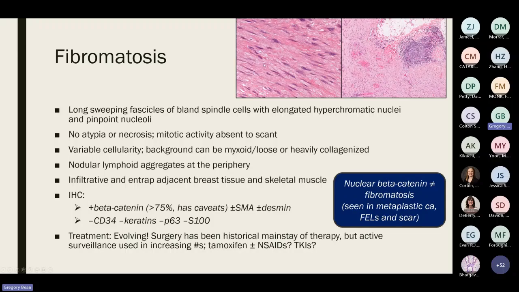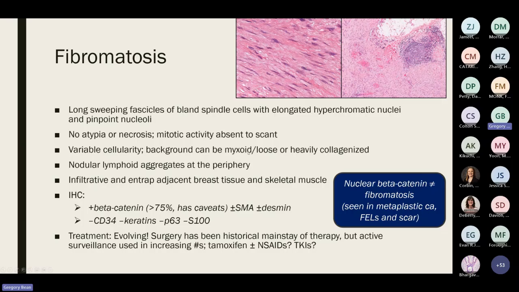Fibromatosis microscopically looks like fibromatosis in other parts of the body, with bland spindle cells and long sweeping fascicles. You shouldn't see atypia or necrosis. Mitotic activity is absent to scant. The cellularity can vary.